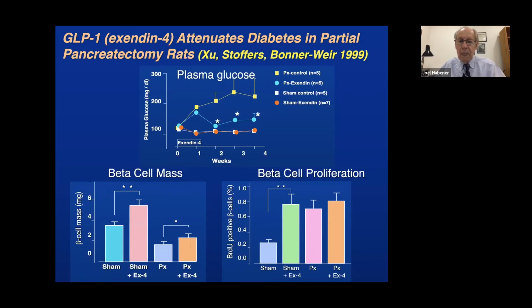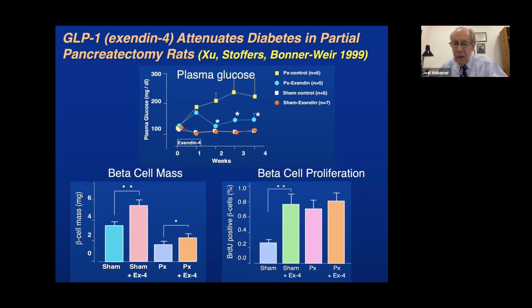So the effect on beta cell proliferation is shown here, and it's very small in the pancreatectomy animals, but surprisingly very high in the sham operated rats.